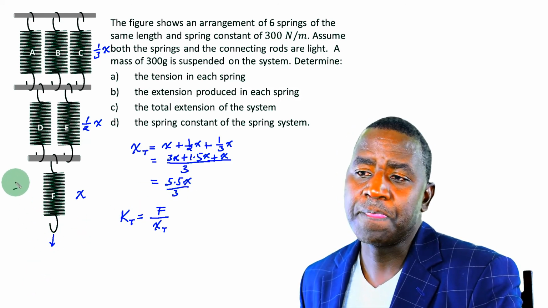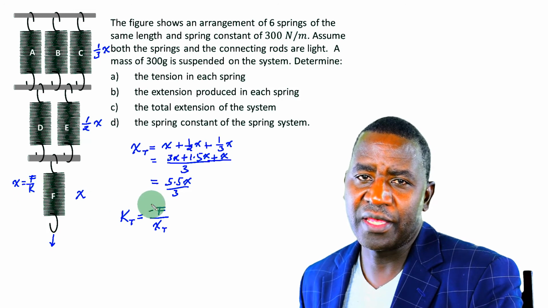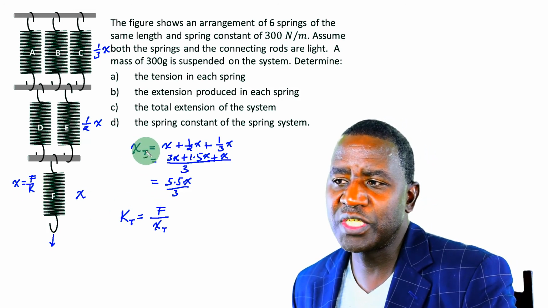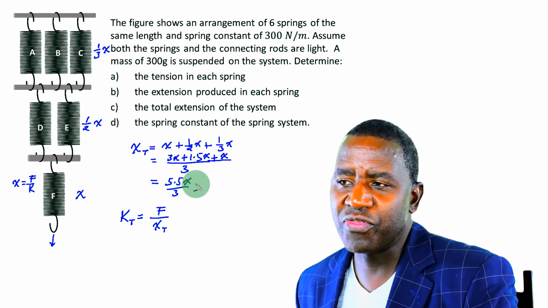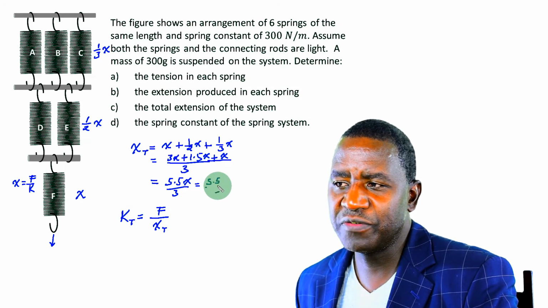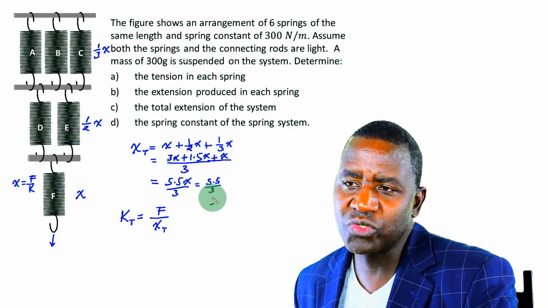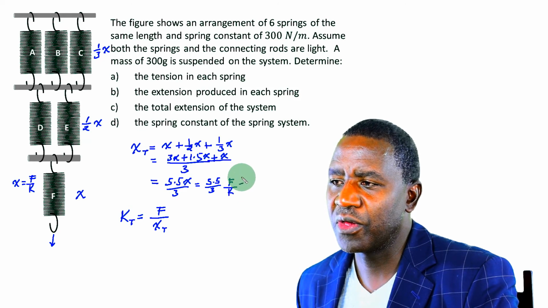And remember that X over here was equal to F over K. So at this point where we say that xt is going to be equal to 5.5 divided by 3x, it can be written as 5.5 divided by 3. The value of x is actually F over K. F over K.